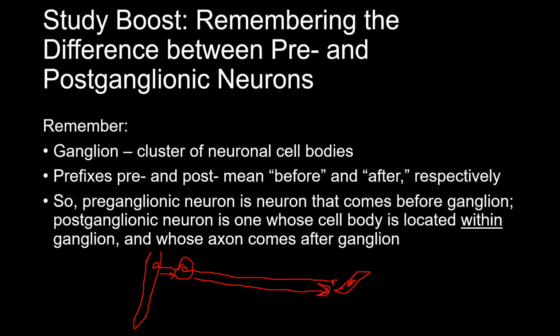So which division is that? It's found in the thoracic region, in the lumbar region. If you said sympathetic, then you're right. It is part of the sympathetic nervous system. This is part of that fight or flight.